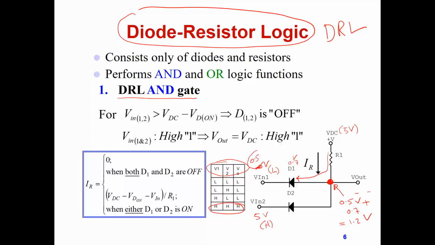Again, 0.5 plus 0.7 gives me the voltage at this node. Now, 1.2 is considered to be really a low voltage in terms of this technology. So you can see if one of the inputs is low, the output will be low. Now, what's the current across this resistor? Very simple. What we do is say 5 volts minus 1.2 volts divided by the resistor value.